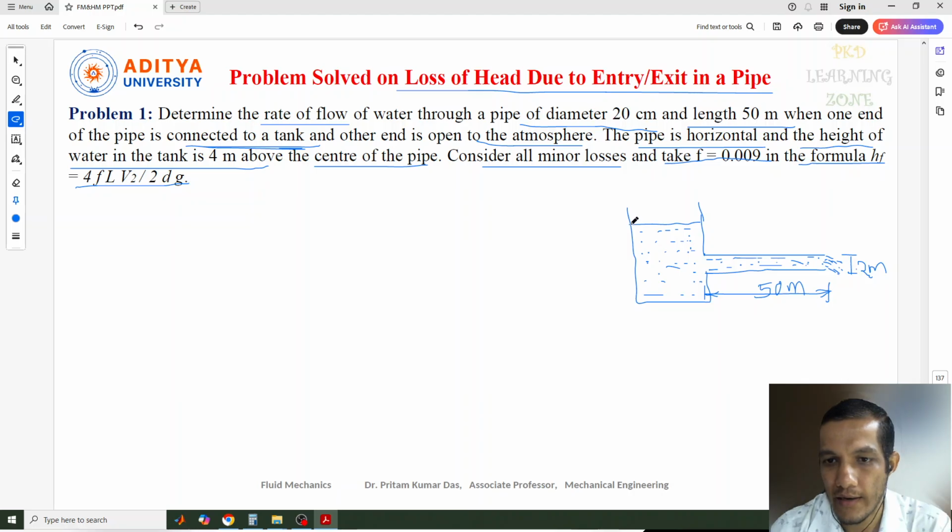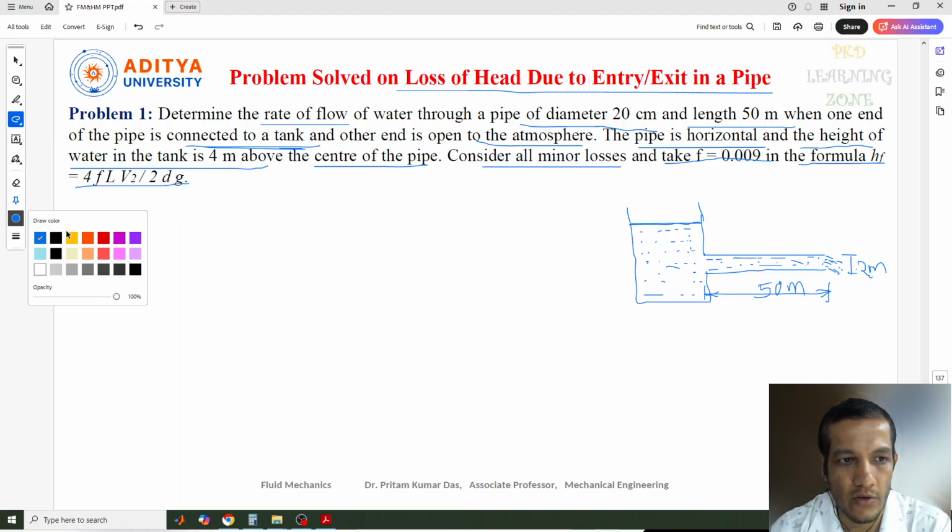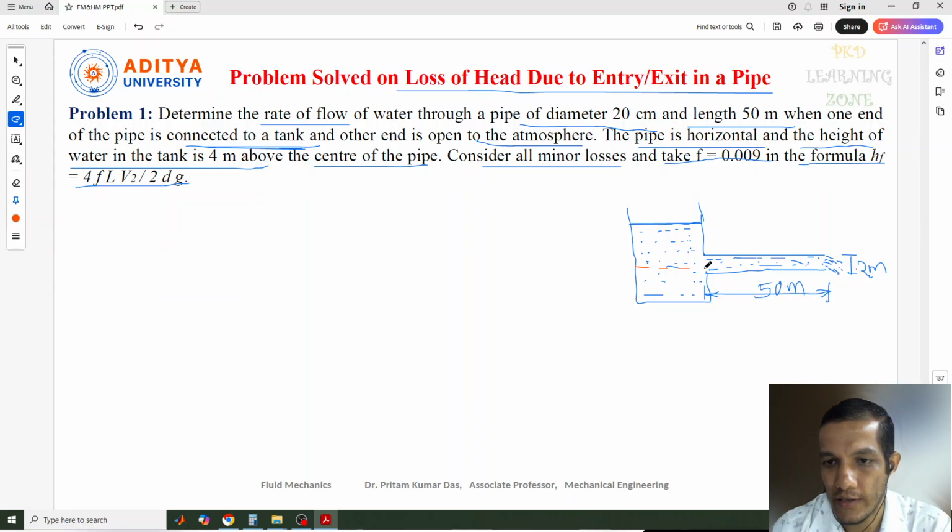Up to what level is the water present? 4 meter above the center of the pipe. Suppose let me draw the center of the pipe, like this is the center of the pipe. So this water level is situated at a height of 4 meter. So this is the height, 4 meter.